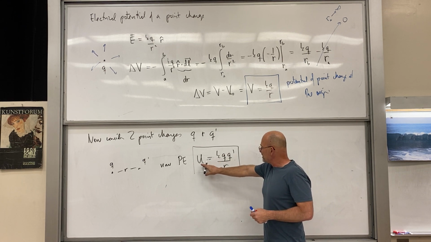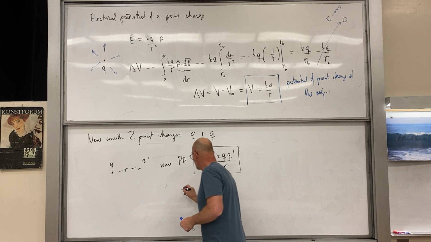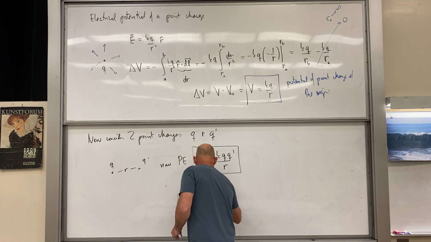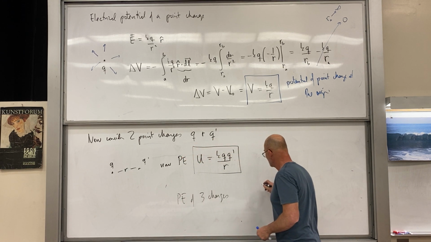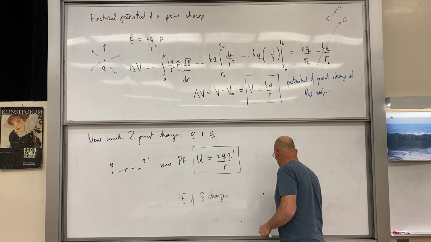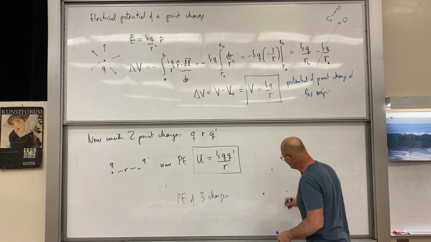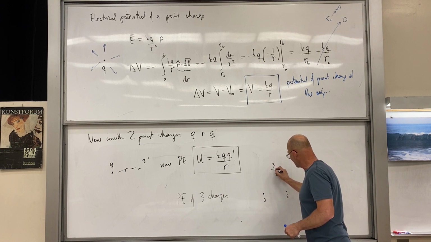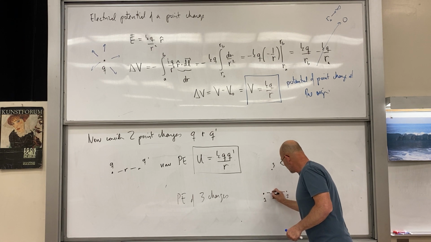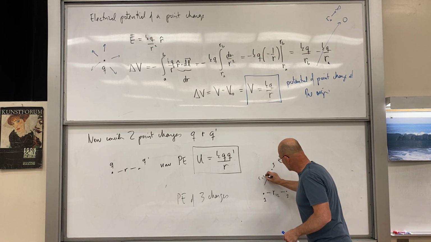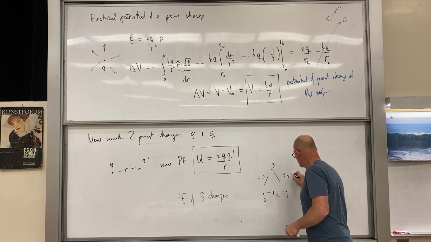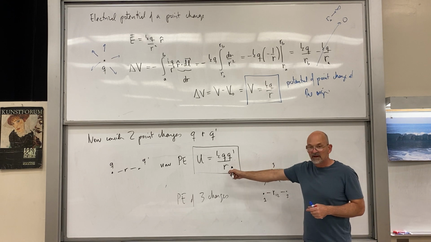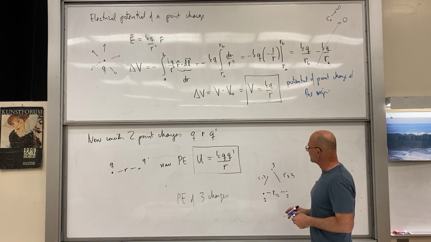If you want the potential energy of a collection of charges, say the potential energy of three charges, you had these two charges, and you brought a third one in, then charge 1, 2, and 3, R12, R13, and R23, those would be their respective separation distances. You would just add up a bunch of these expressions here.